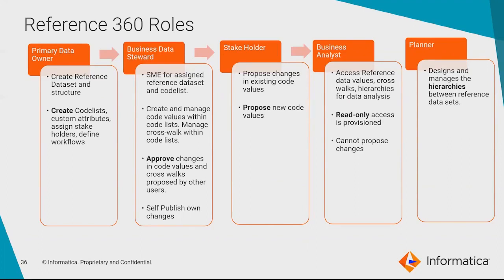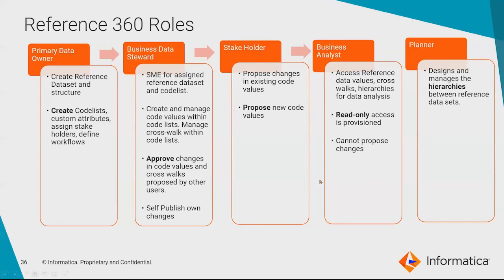That's important. The data steward role is the only role that can publish their own changes, in addition to approving changes made by others. A stakeholder role is allowed to propose new code values, but they can't publish. They can only propose, and then a workflow kicks in.